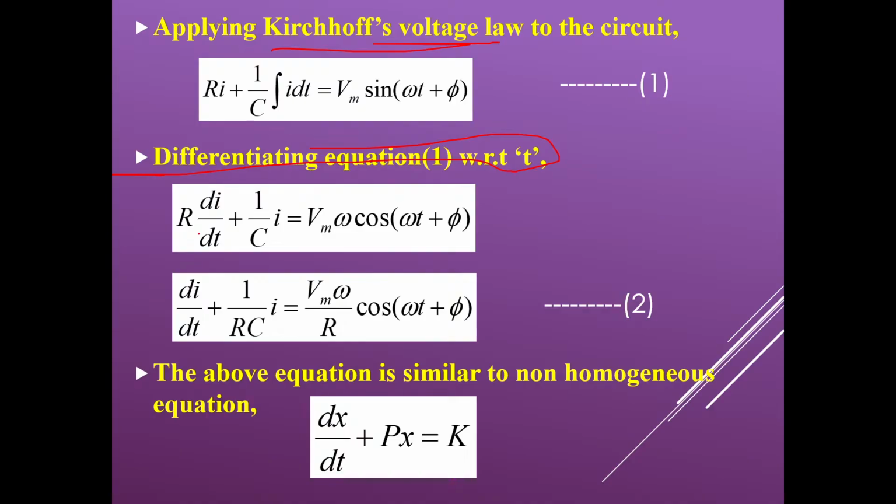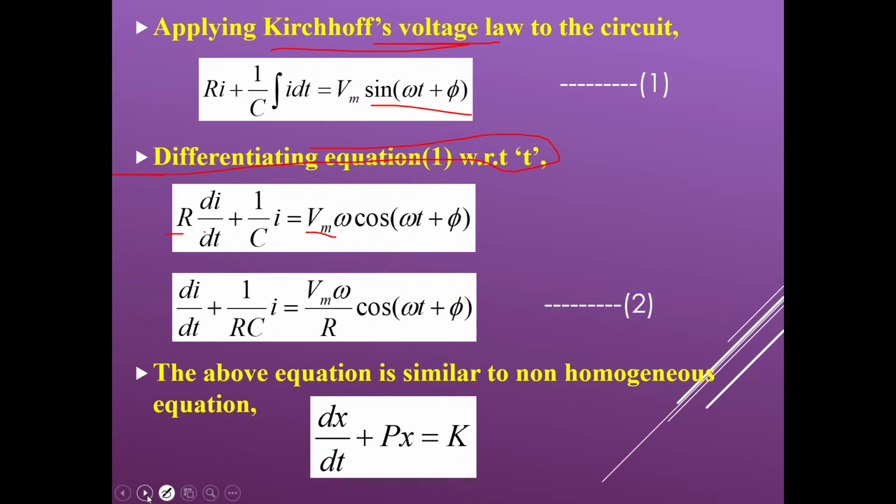R is constant, so you get R into di by dt plus 1 by C i, as integral and differentiation cancel, and Vm is constant. Differentiation of sin(omega t) gives omega cos(omega t plus phi).